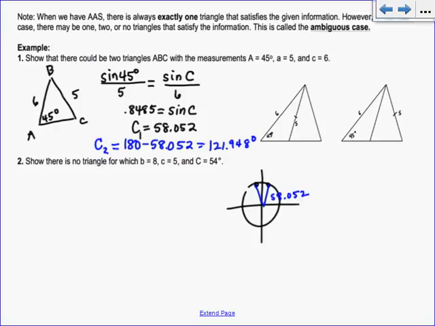Okay, and I tried to illustrate that in this picture. It's always hard to draw. But basically, if we have A, and we have C here, and we have B here, here's one triangle that works with those measurements. Okay? So C would be an obtuse angle in that case.